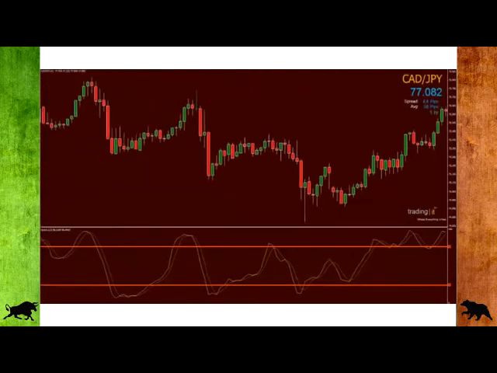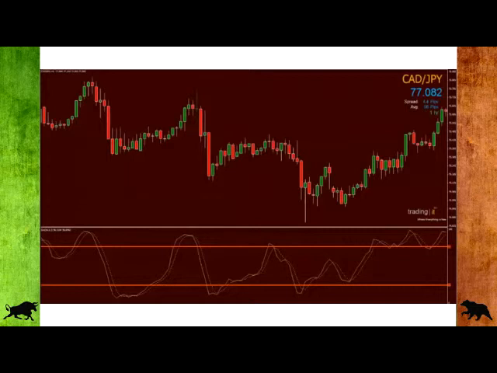As stated, a stochastic can help aid traders to identify these overbought and oversold areas. However, this does not mean that each time the indicator enters into these zones here that the market will go up or come down.